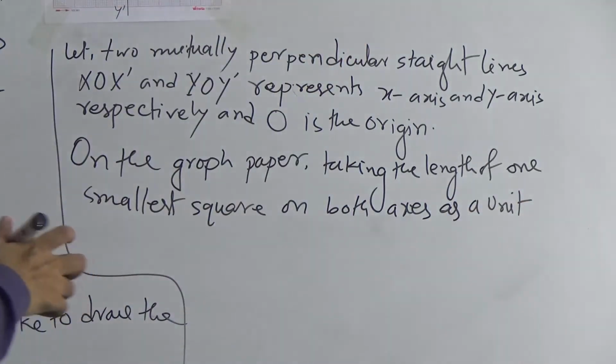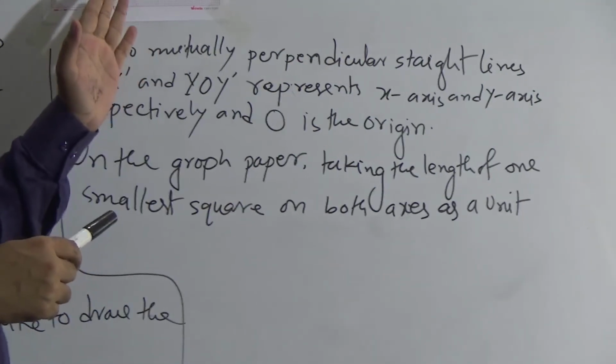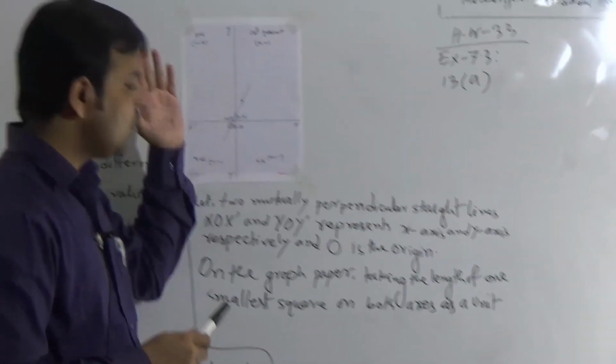It means that for one unit we will move one smallest square along the x-axis or along the y-axis.